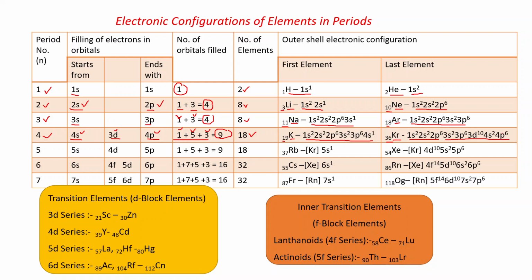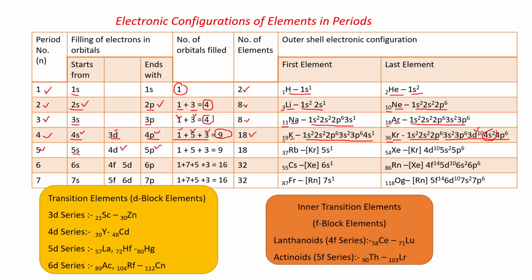One thing you have to note down, that is, first electron enters 4s, then electron enters 3d. But when we write the electronic configuration, it is written in the increasing order of principal quantum number. Fifth period, this will start with 5s, then electron will go in 4d, then 5p.